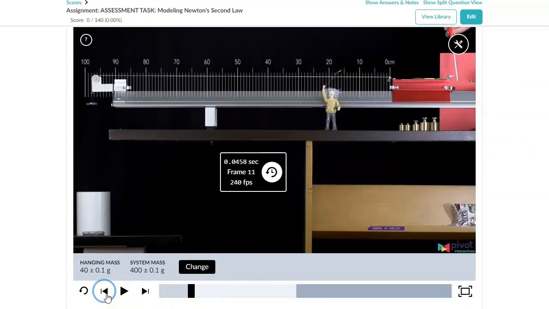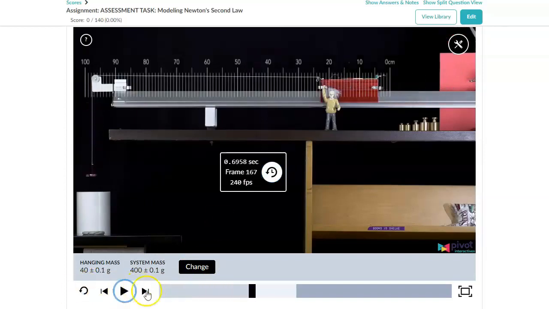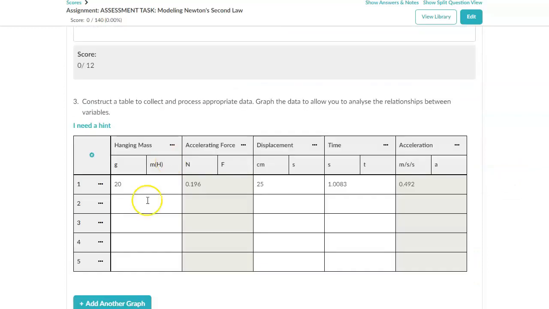So again, as soon as that ribbon is cut, I set the timer back to 0, I run it, and I get the front of the cart or the glider just on 25 centimeters to there. So 25 centimeters, 0.7167. So 40 grams. It calculates my accelerating force for me.